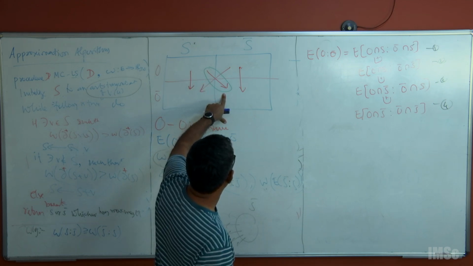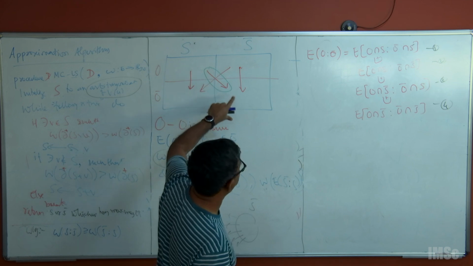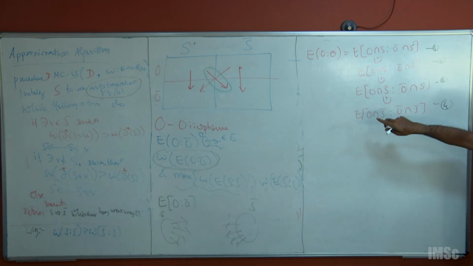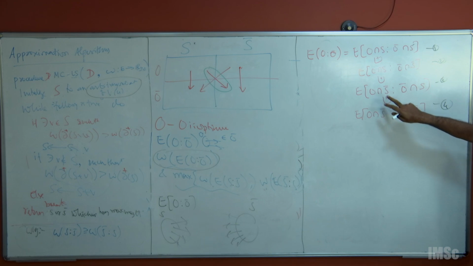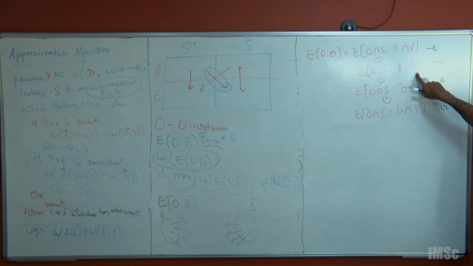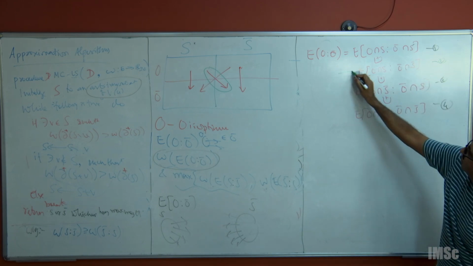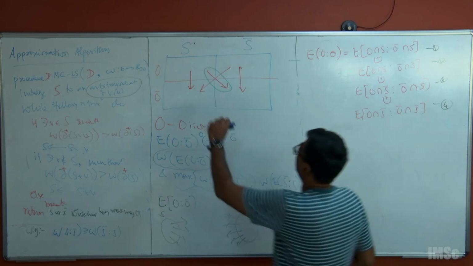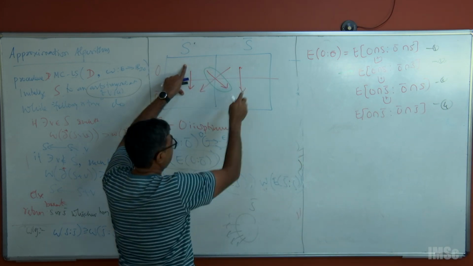S to S bar. So what? O intersection S to O bar intersection S bar. Look at this: what can you say about it?